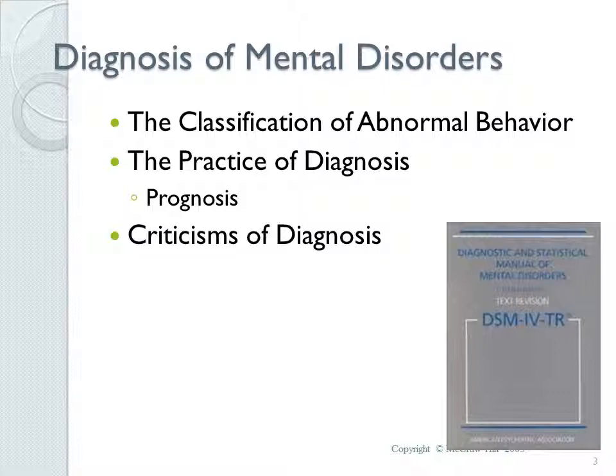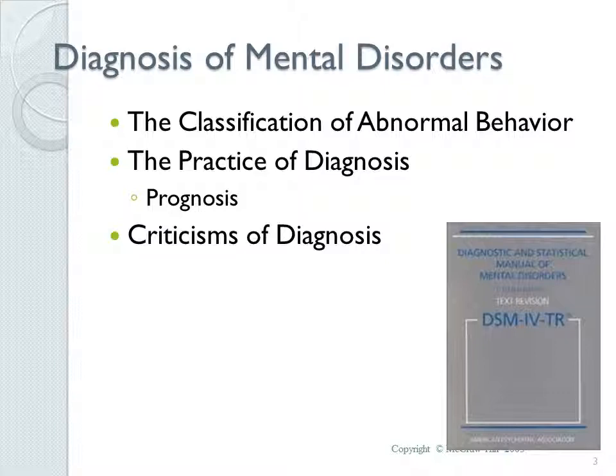You can see this image here, the Diagnostic and Statistical Manual of Mental Disorders, the DSM-4. The TR stands for text revision. The DSM-5 is supposed to be coming out this year, so some of these things will change. Just keep that in mind as we move through the semester.